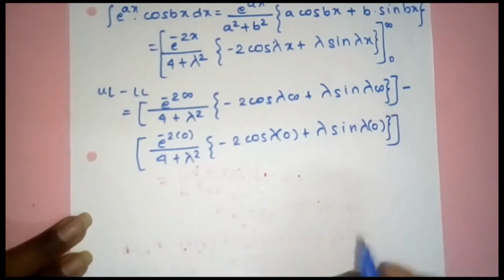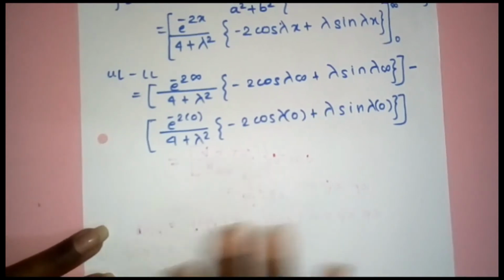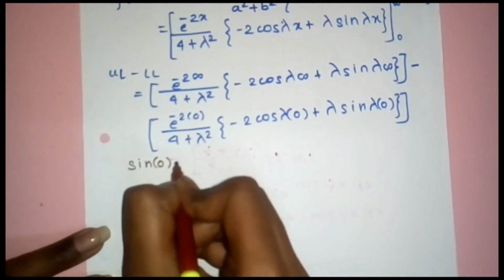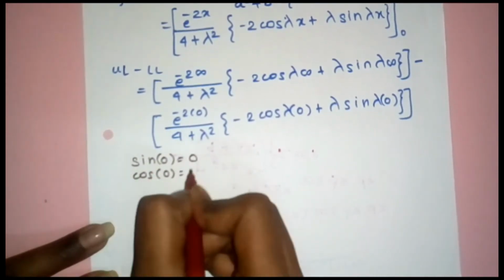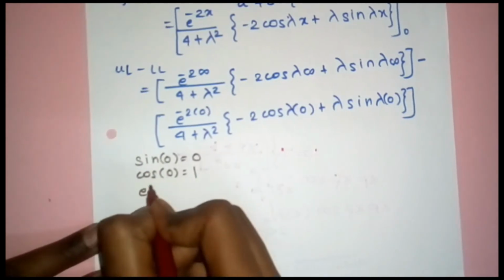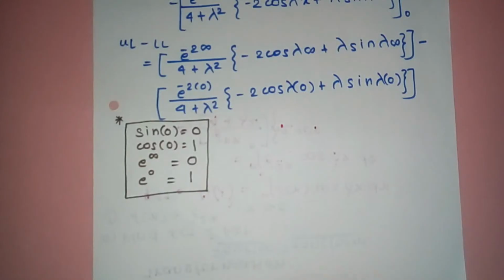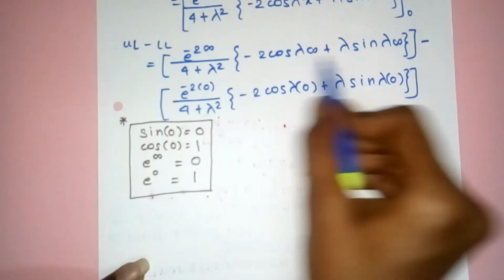So now we have put in the limits and we can solve this. One thing you have to remember is that sine 0 will be 0, cos 0 will be 1, e raised to minus infinity will be 0. These are the formulas to be remembered. So let's start with solving this.